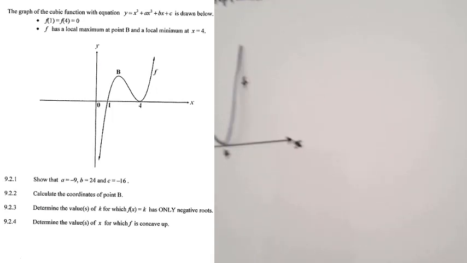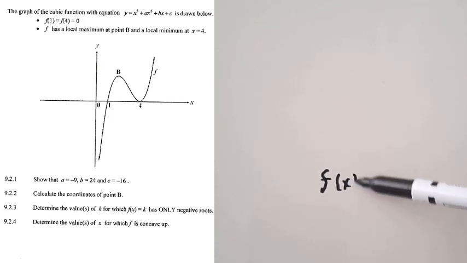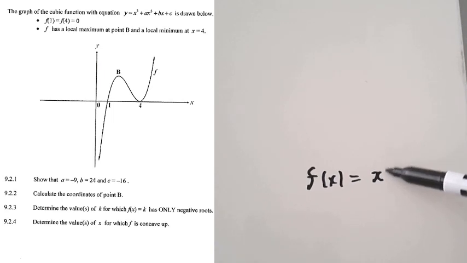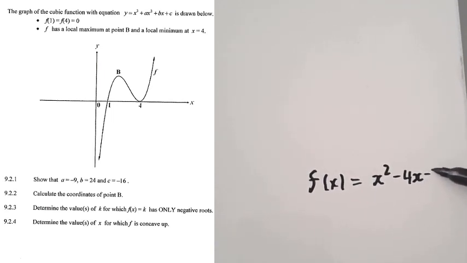So if we had the same question, say for example our f of x was actually defined as a parabola, something like x squared minus 4x minus 5.